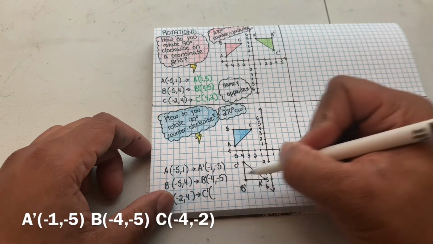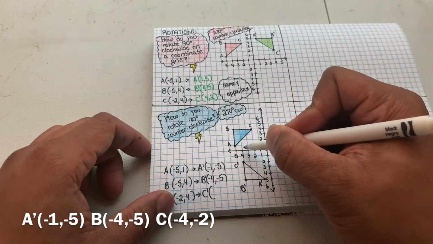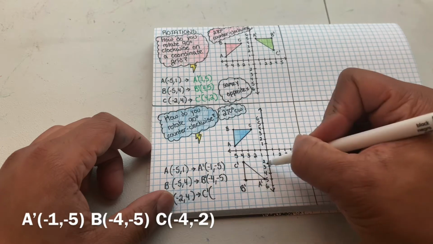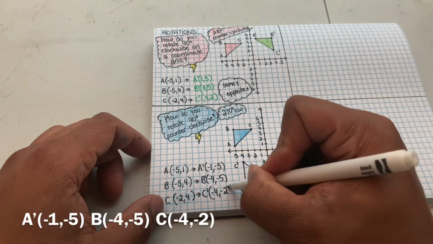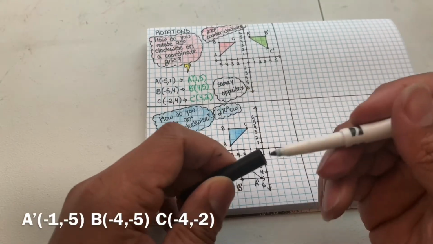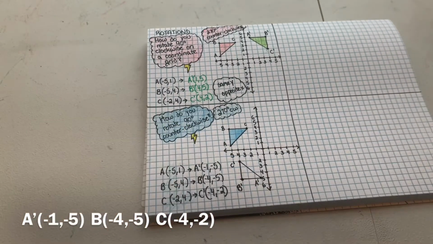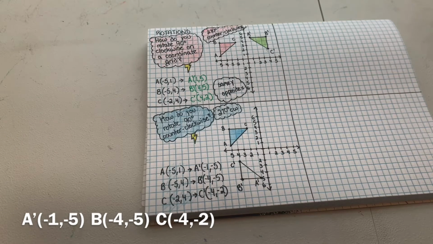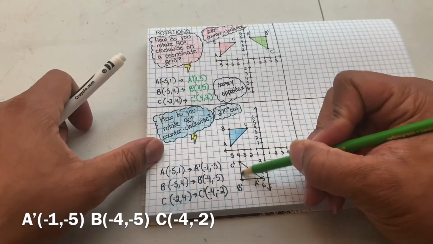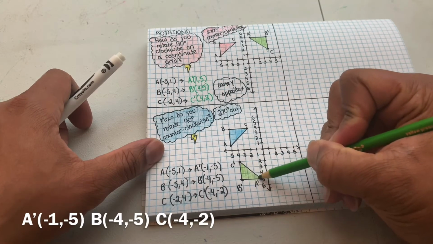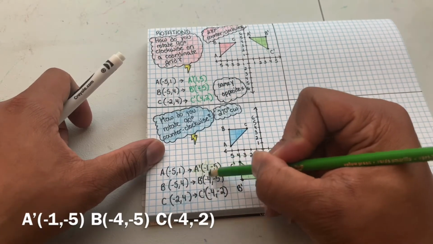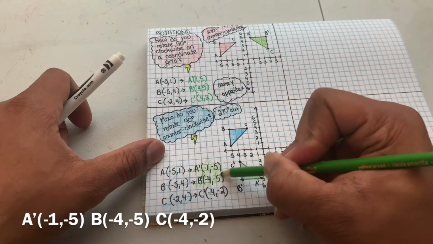C prime was at -4, -2. Okay, now we need a rule. Just color it in right quick. Let's use that green. Green will be our rotation. Okay, so the green represents our rotation.